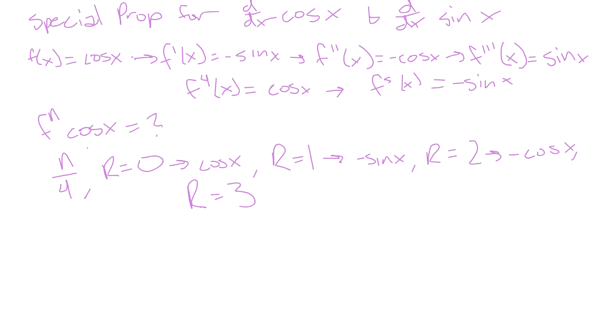That will get you sine of x. So this is just good if you ever have to take a really high derivative, as it gives you a quick way to go ahead and do this.